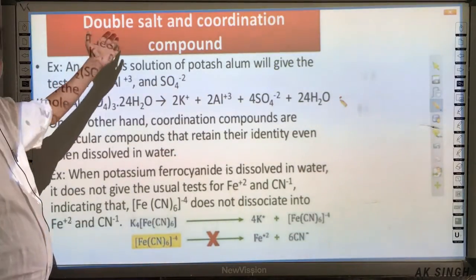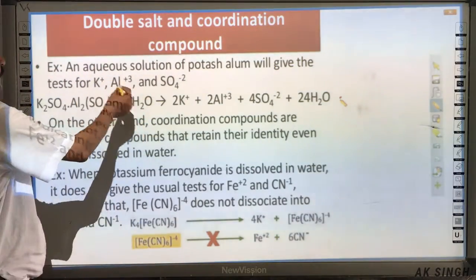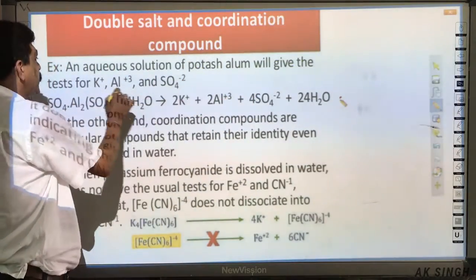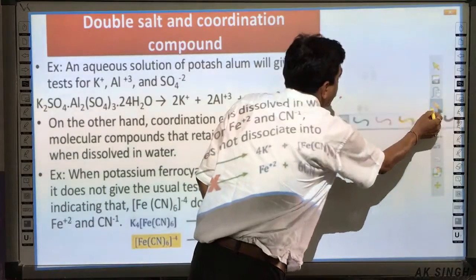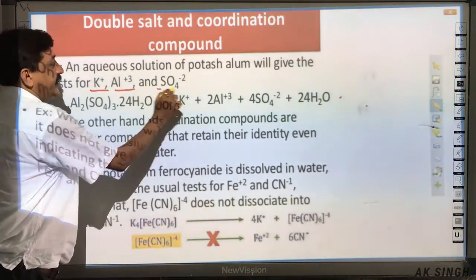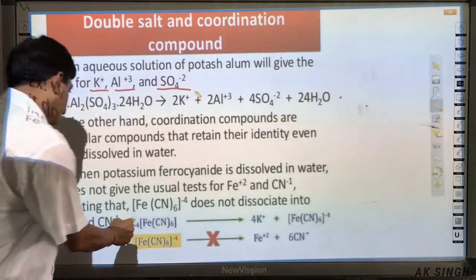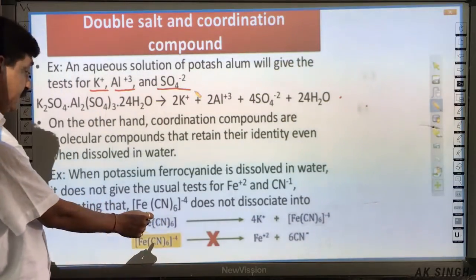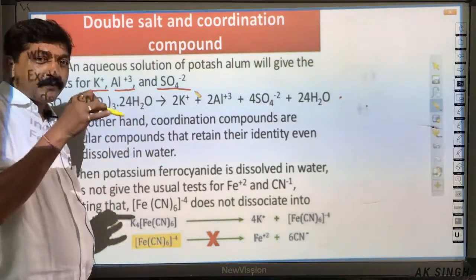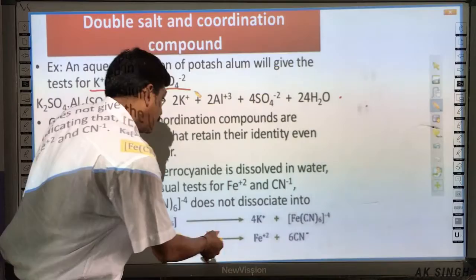So the double salt and the coordination compounds I have already explained. Just see the slide. The double salt potash alum, or the Fitkiri, when dissolved in water, will give the test for these ions, whereas in coordination compounds, look here, potassium ferrocyanide. It is a general name, potassium ferrocyanide. The exact name of this compound in this chapter will be explained in the next topic, in the next class.